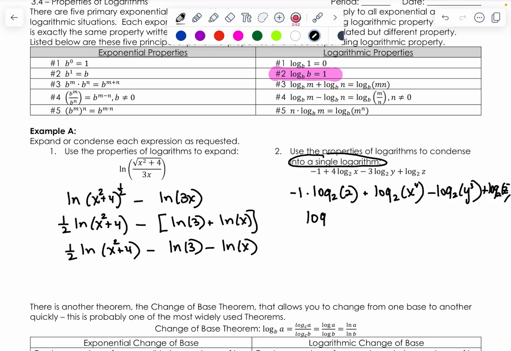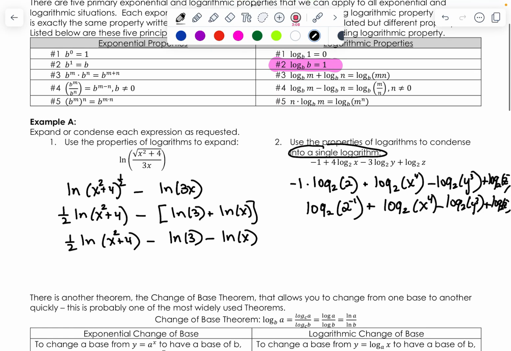Okay, then this is log base 2. This is 2 to the -1. And then I'm just writing everything else down. Sorry, I'm squishing there. All right, then this, I'm going to group 2 at a time. That's going to be 1/2 times x to the 4th.